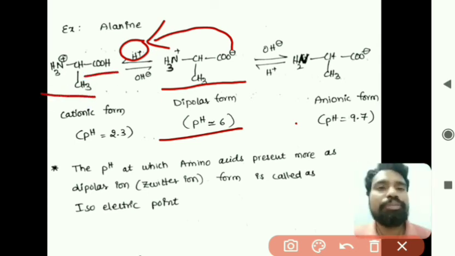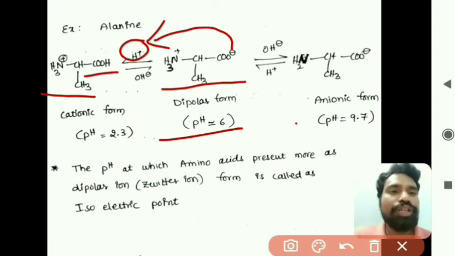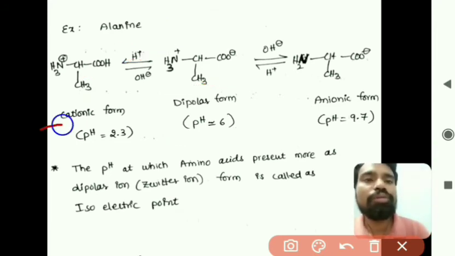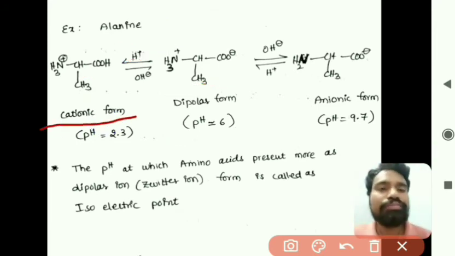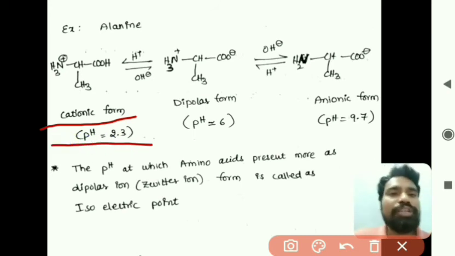So that is NH3 plus CH3 COOH. Here it is in the cationic form, when the pH is acidic, that is pH 2.3. So at pH 2.3 the alanine exists in the cationic form.